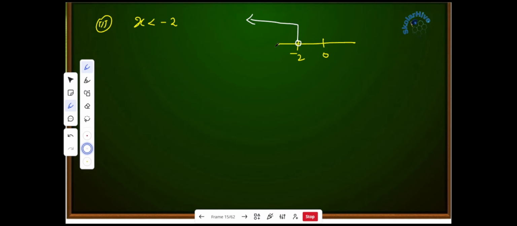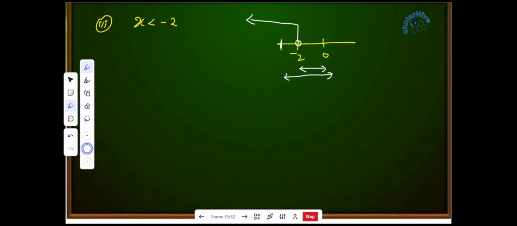So if you take the square of this value, it will always come bigger than the square of 2, because the distance of minus 2 from 0 is this much, and whatever value we take over here, that distance from 0 will be bigger.